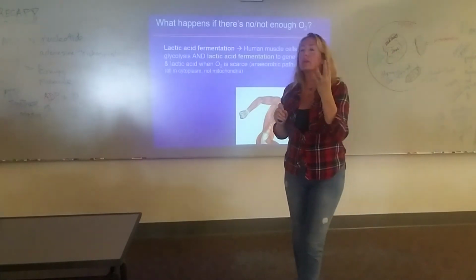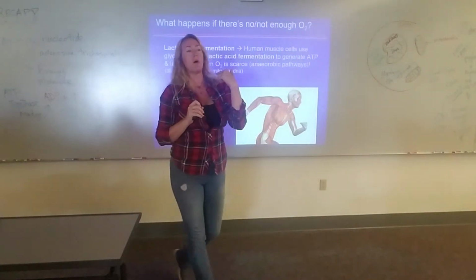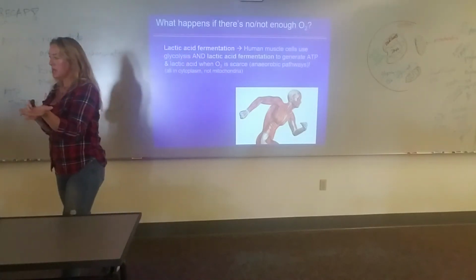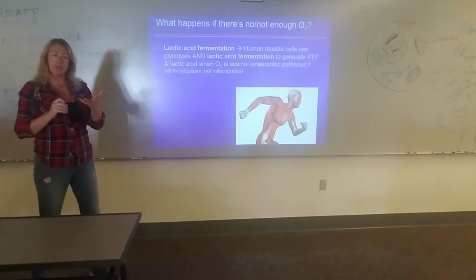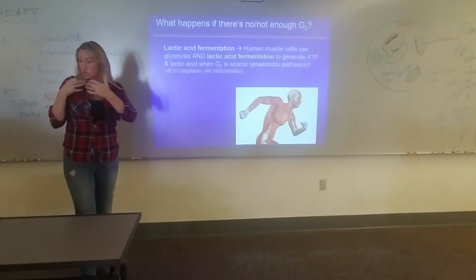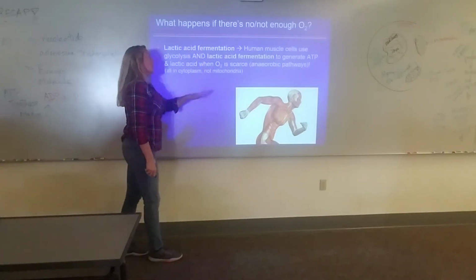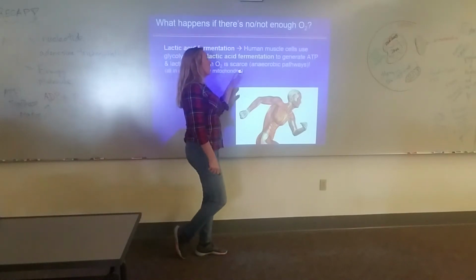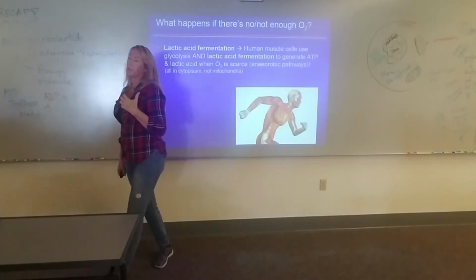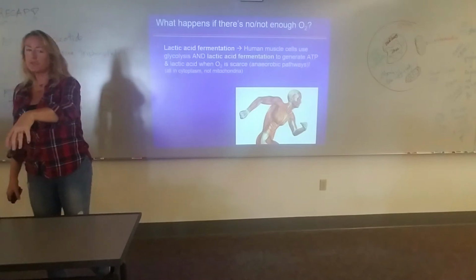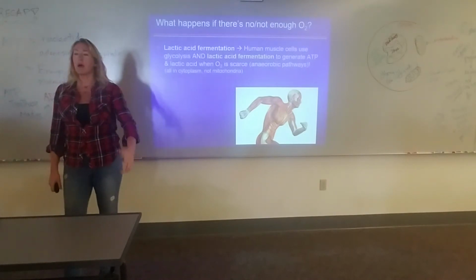So quick and dirty, we get 4 for each glucose molecule. 4 is not 36, but when you're desperate and you don't have enough oxygen, you can keep sustaining as long as you keep breaking that glucose down. So it generates lactic acid when O2 is scarce or not available. We call this an anaerobic pathway. When you're pushing yourself into a zone where you're running out of oxygen, right?